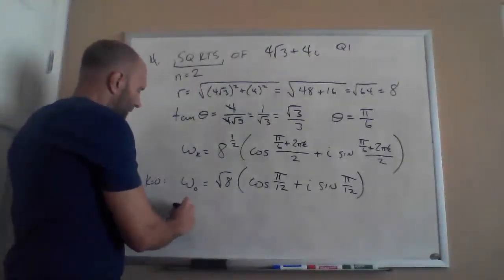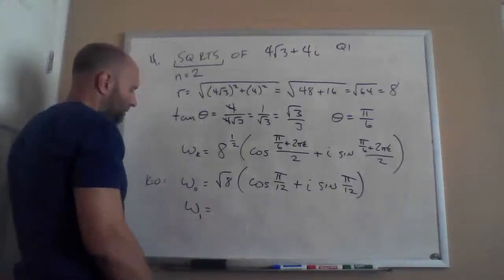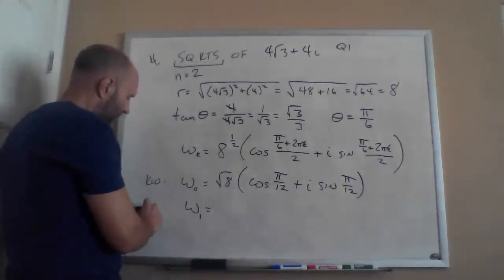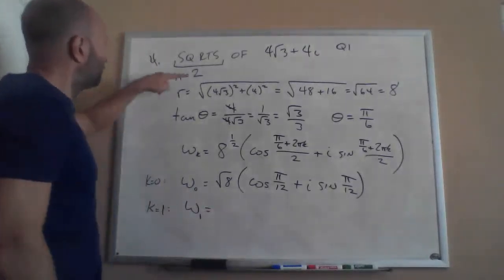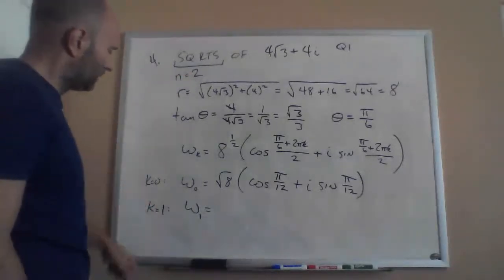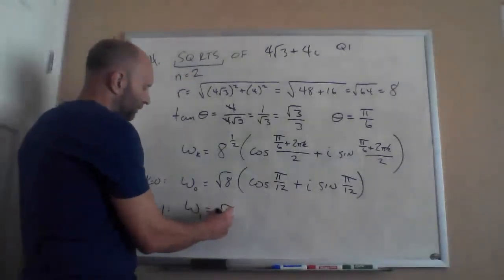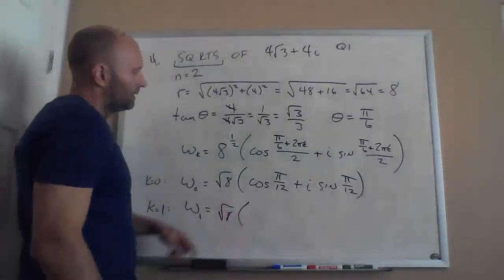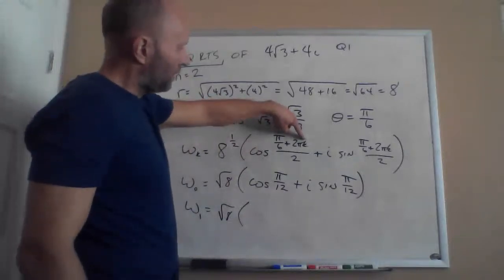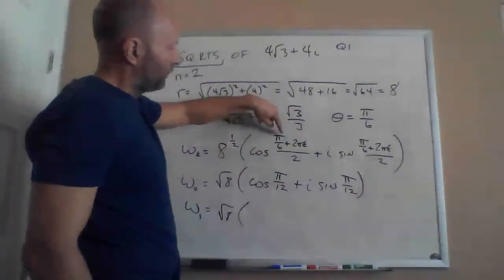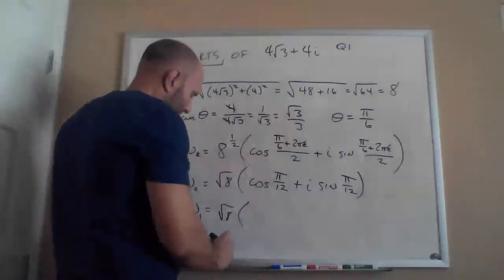All right, and then the second one, omega 1. And again, we're only going up to k is equal to 1 because it's the number of roots n minus 1. So it's still square root of 8. But now when k is 1, this becomes pi over 6 plus 2 pi.